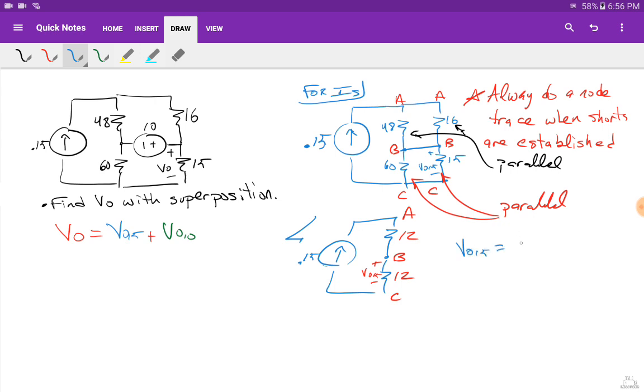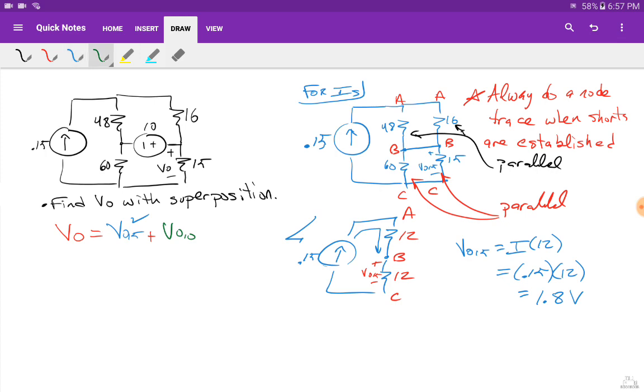VO15 equals V equals IR, so it'll be I times 12, where I in this case is the 0.15. The 0.15 passes through both of those resistors uninterrupted like that, and it's following the proper sign convention. It's going to go from a plus to the minus. So this is going to be my answer: 1.8. So one part is known. The VO15 has been found.